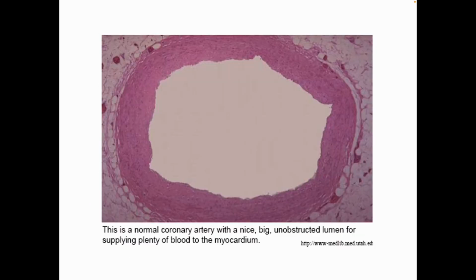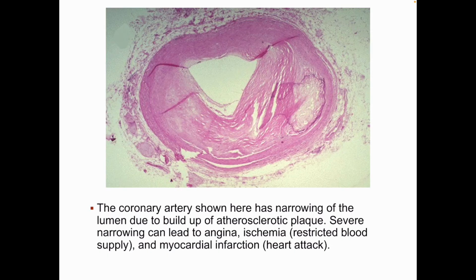Here we have a normal coronary artery with a nice unobstructed lumen. That will be providing plenty of blood to the cardiac muscle.